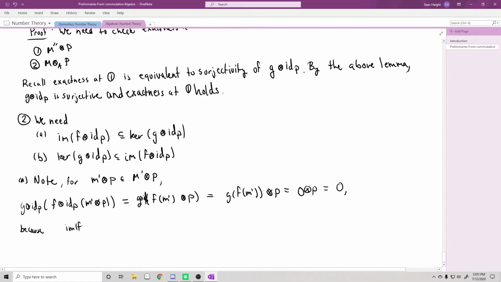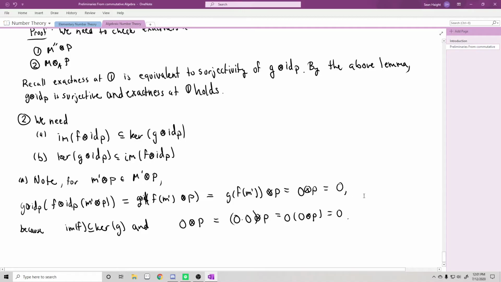The image of F is contained in the kernel of G by the exactness of our initial sequence, and 0 tensor any element is always going to be 0, because based on the properties of the tensor product, it's bilinear, so it's linear in the first factor, so it's 0 times 0 tensor P, which is 0.